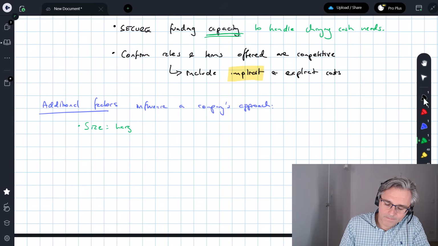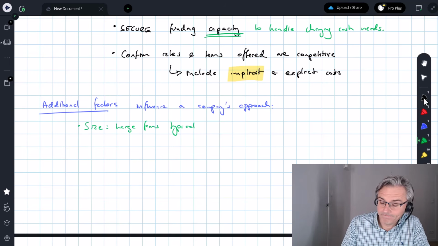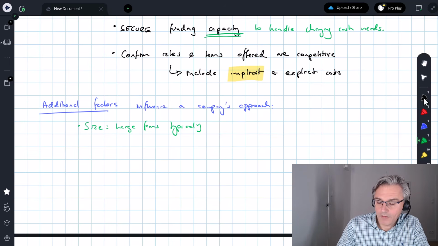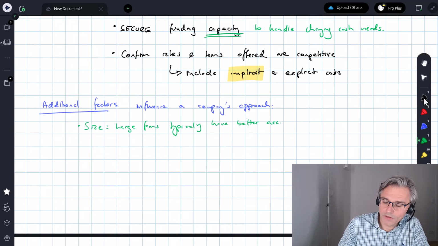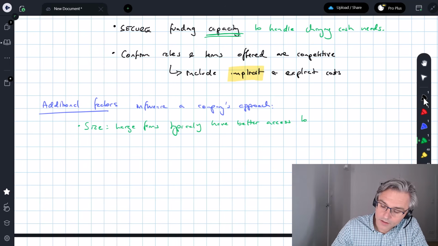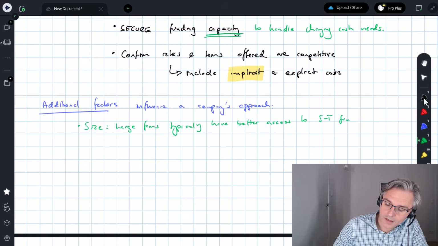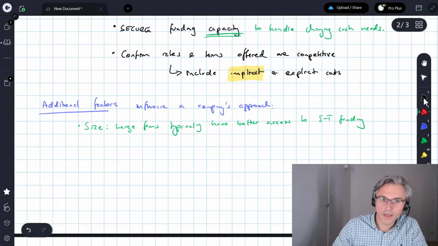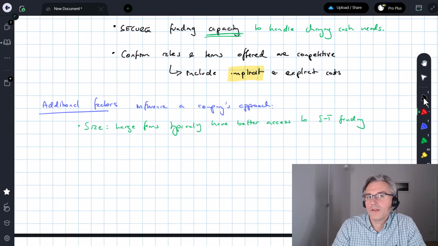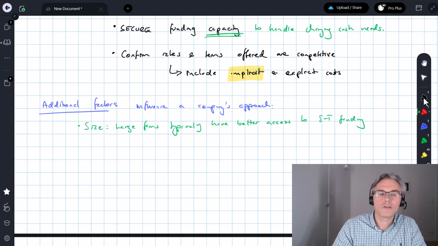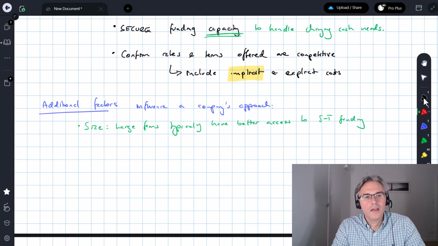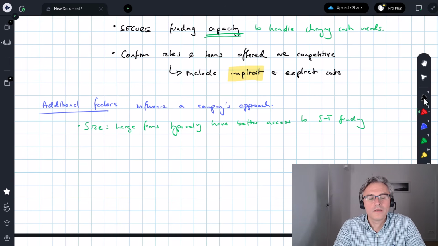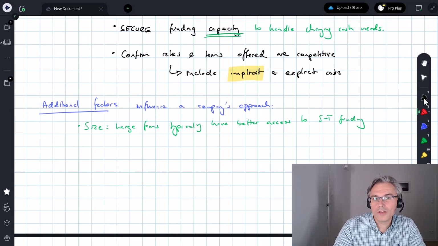Large firms have better access to short-term funding, especially of an unsecured nature. They can easily borrow from banks, but they can also easily issue something like commercial paper, quick short-term funding, which smaller companies don't have access to.